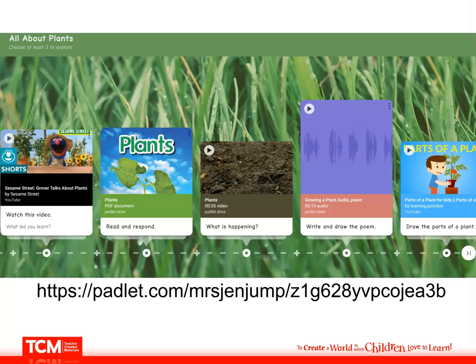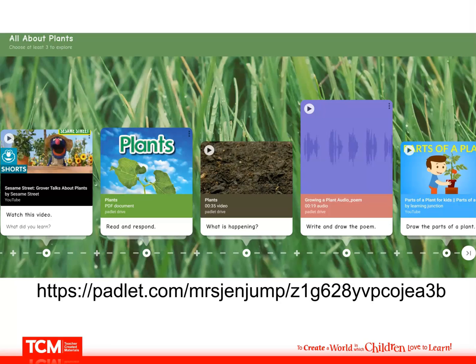The directions for the exploration phase are to choose at least 3 to explore. There's a video clip, another video, a text that they can read and respond to. There is a poem that students can read or listen to and then draw. There is another video about the parts of a plant, etc. So students have access to all of these different things.